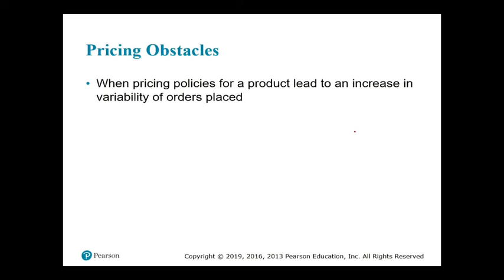So, pricing strategy. Pricing can refer to a single price or a menu of prices. The pricing policy can also lead to higher variability. How so? One is in terms of a menu price, right?